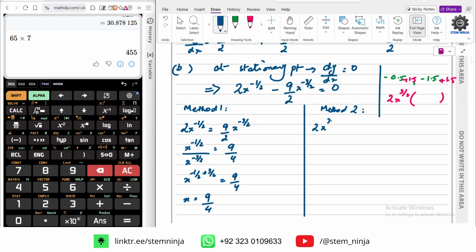So this becomes 2x to the minus 1 over 2 minus 9 over 2x to the minus 3 over 2 equal to 0. Sorry, this is not getting us a quadratic. Oh, okay, so this is 9x raised to power 0. Basically that would be just 1 equal to 0, so therefore x equals 9 over 4. Yeah, so both ways we are getting the same answer.